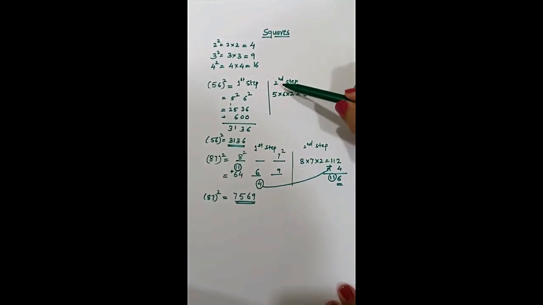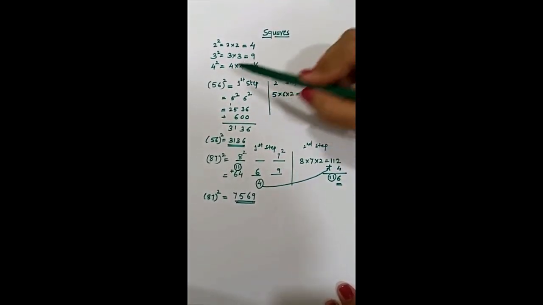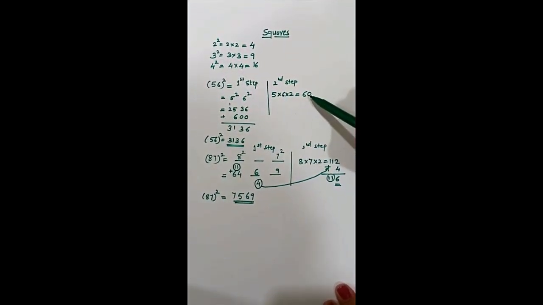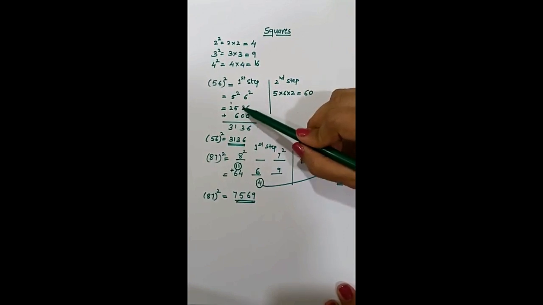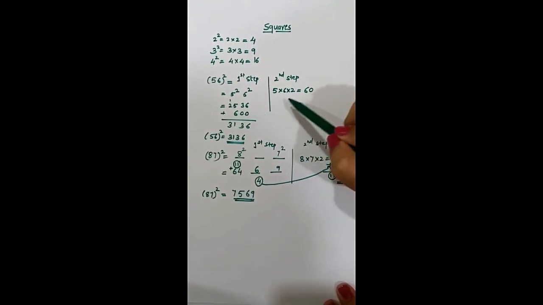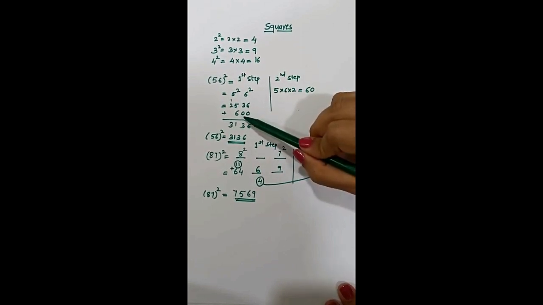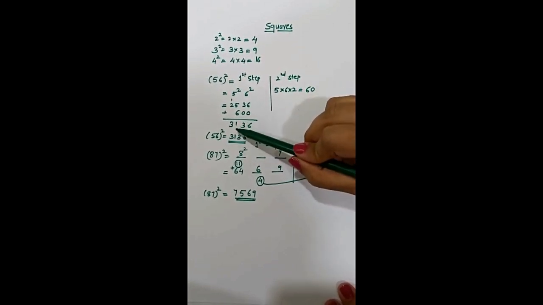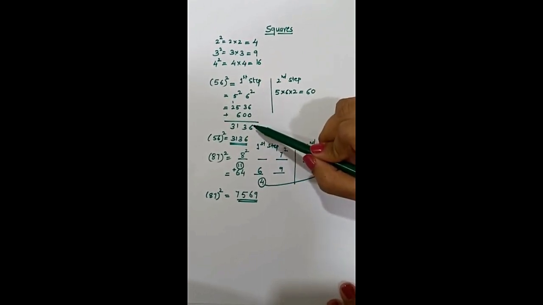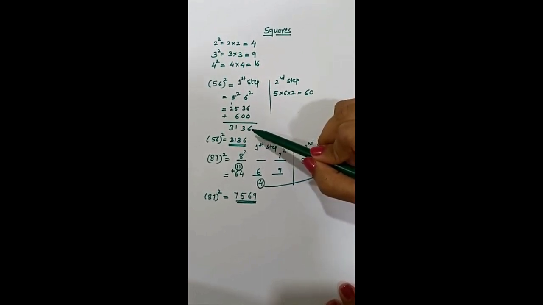In the second step, we multiply the digits: 5 into 6 into 2 gives 60. Then I take 0 in the unit place and add this 60 over here. When I add this, I get the answer 3136. So this is one method to determine the square of a number.